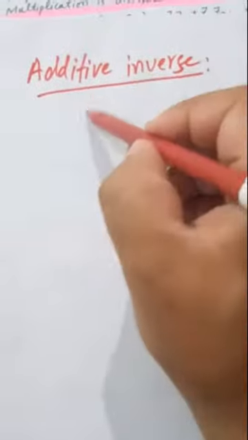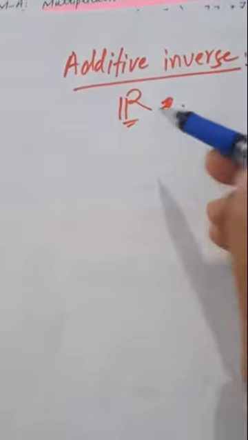So remember, first of all, I am talking about the set of real numbers. Let's say you know that 0 is the additive identity in R.